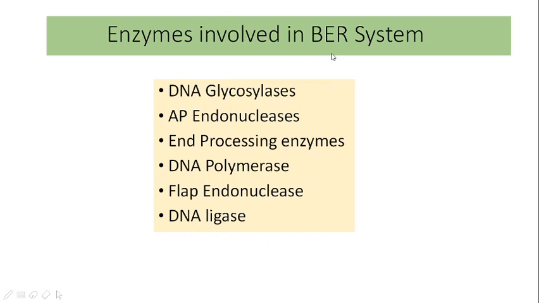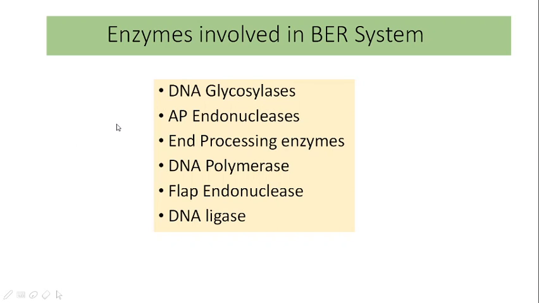Major enzymes involved in the BER system include DNA glycosylase, AP endonuclease, end processing enzymes, DNA polymerase, flap endonuclease, and DNA ligase. Flap endonuclease removes the 5' flap generated during long patch BER.